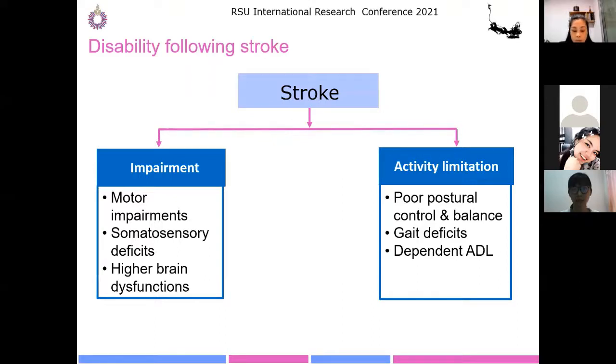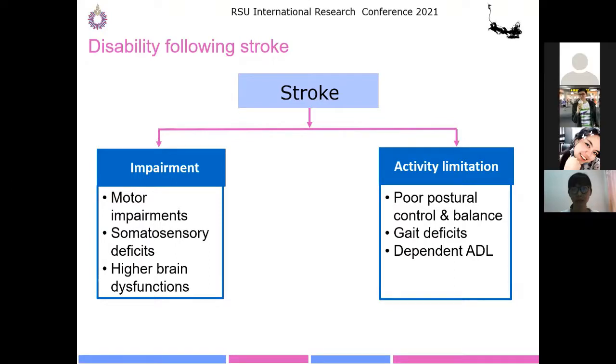The factors related to disability were motor impairment, somatosensory deficit, and higher brain dysfunction, which further lead to activity limitations such as poor postural control and balance, poor ambulation, and dependence in ADL.